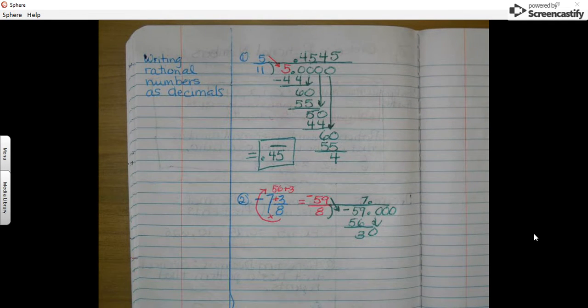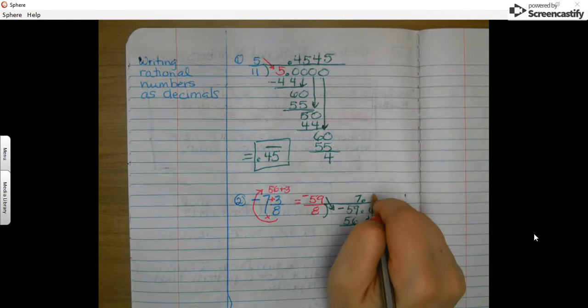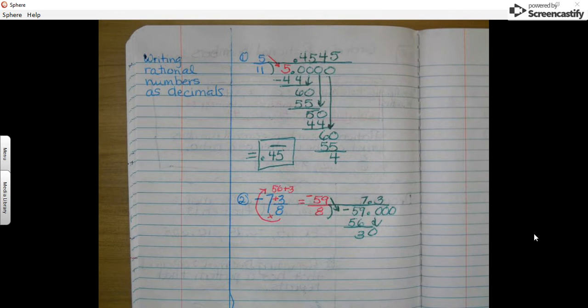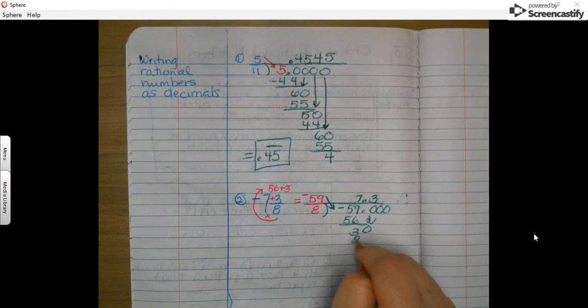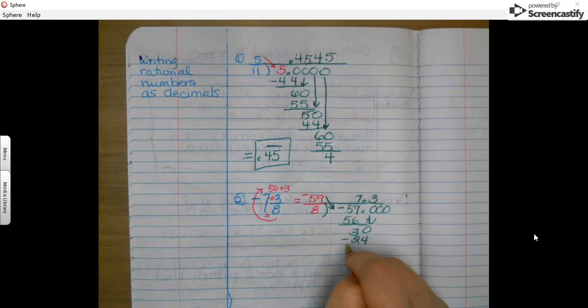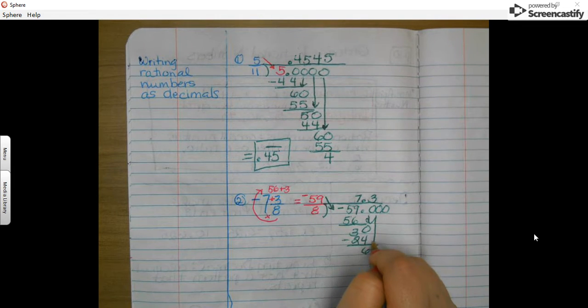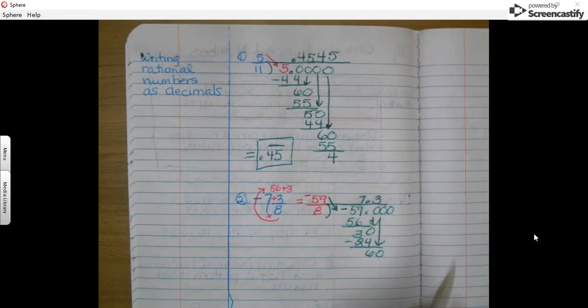So how many times does 8 go into 30? 3 times. What is 8 times 3? 24. Yep. So 30 minus 24 gives me 6 left over. And I'm going to carry down another 0 because 8 can't go into 6, but it can go into 60.